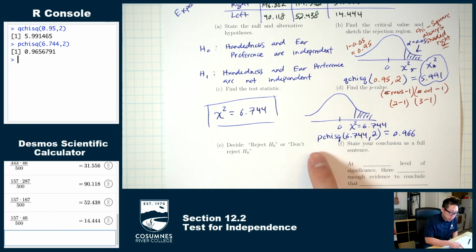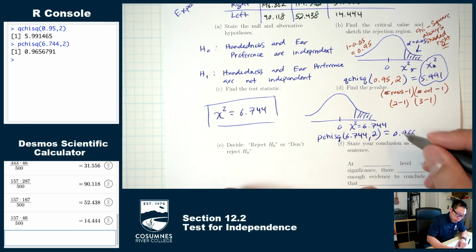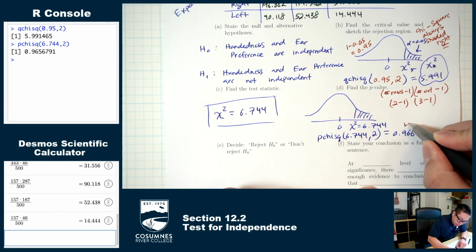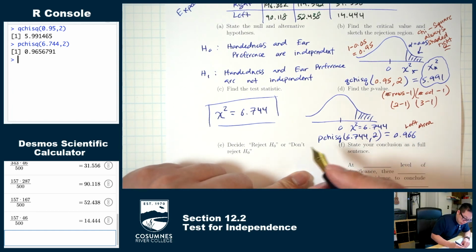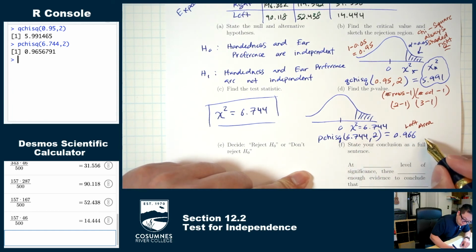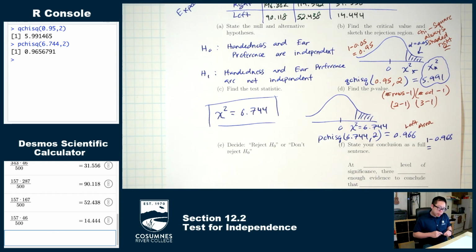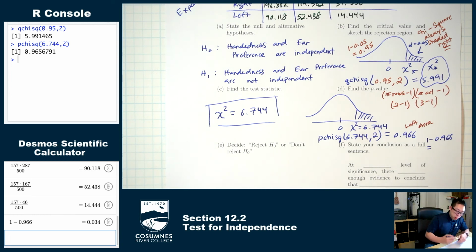And this is because p chi-square spits out the left area. But that's not what we're looking for here, right? We're looking for the area to the right. So to find the area to the right, 1 minus. One minus 0.966, 0.034.